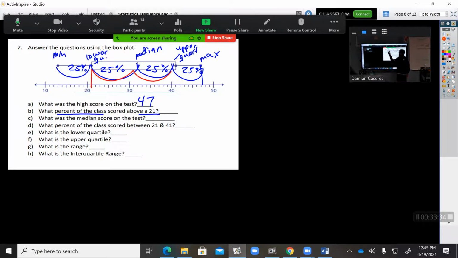So how many spaces do we have from here that way? 3 spaces. 25% each space, 75%. Now, C says, what was the median score of the test? Median is the middle line. Middle line touches 32.